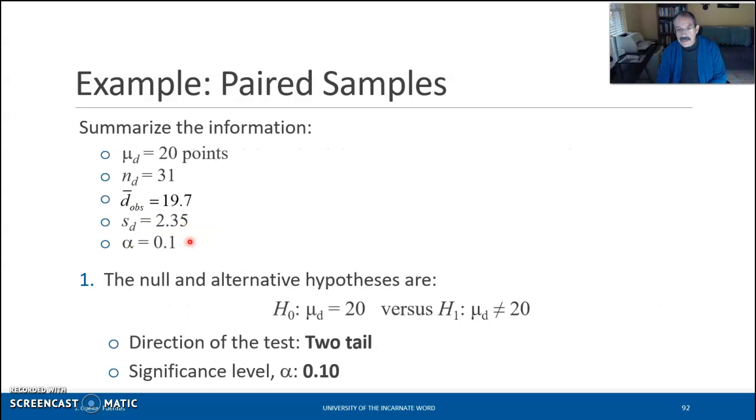So that tells us that the null hypothesis is that the mean of the difference is 20, because that's what the claim is. And the researcher wants to verify that, so the alternative hypothesis is that the mean of the difference is not 20. So from here, we can see that this is a two-tailed test with a significance level of 0.1.